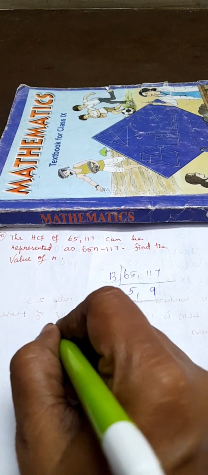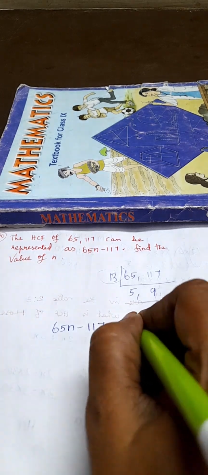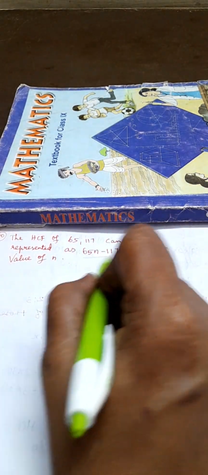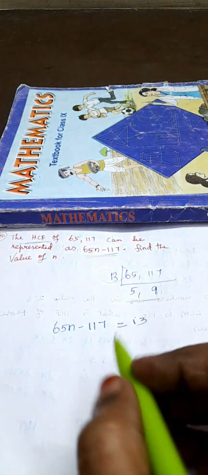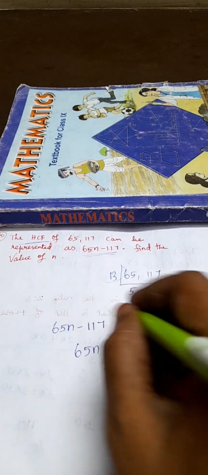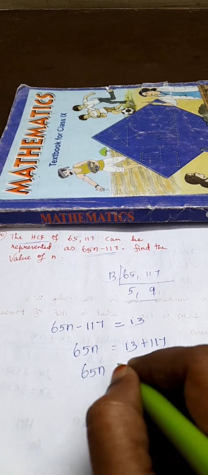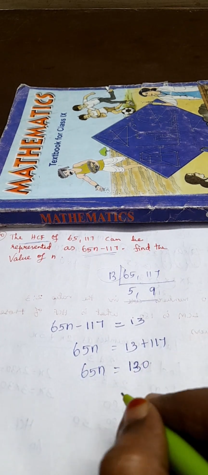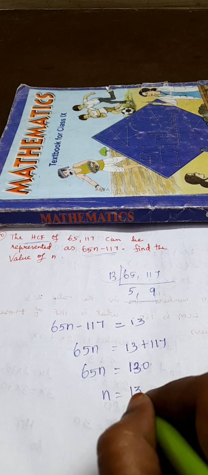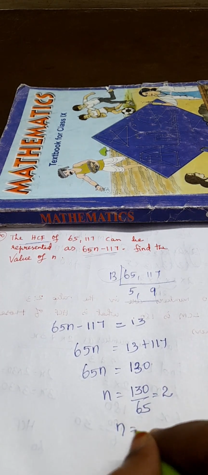So I can write 65n minus 117 equal to 13, because they told that this can be represented by their HCF, right? So 65n equal to 13, this minus 117 if it comes to that side, plus 117. 65n equal to 130. So n equal to 130 by 65, that is equal to 2 is the answer. So n equal to 2 is the answer.